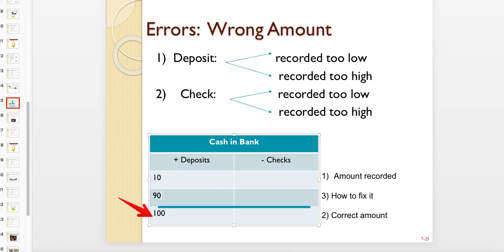So in this case, if I was going to do the bank reconciliation, I would put this difference on the book side because it was the company's accountant that made the error, and I would put it on the add side because I need to add more cash to my account in order to correct this error. Okay? Now, that's not always going to be the case.